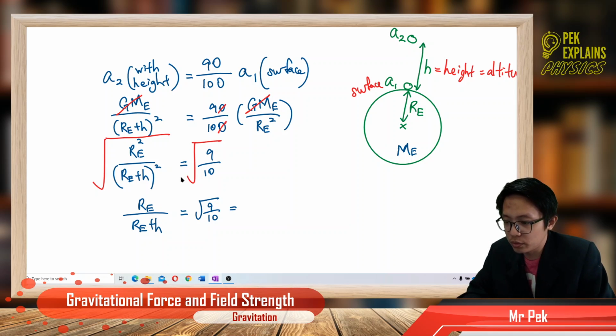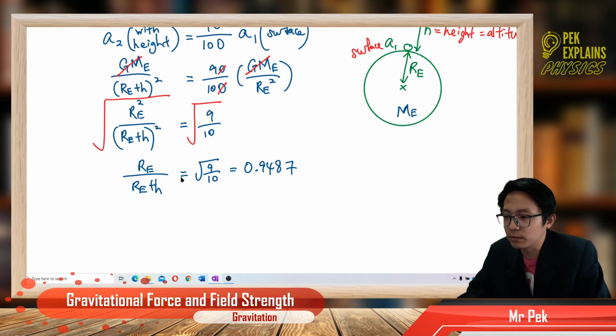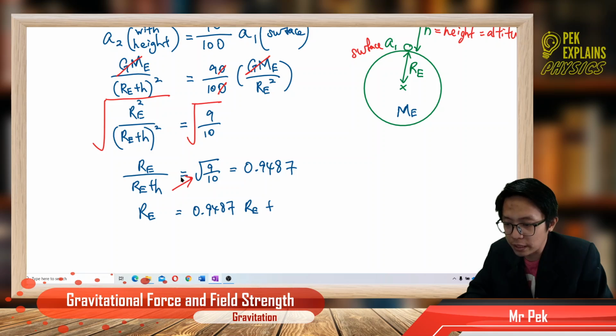Which you will get 0.9487. And then you cross multiply, and you will get radius of Earth equal to 0.9487 radius of Earth plus 0.9487 h.